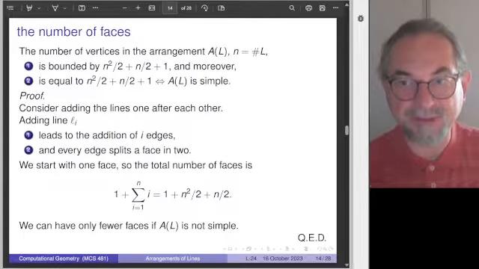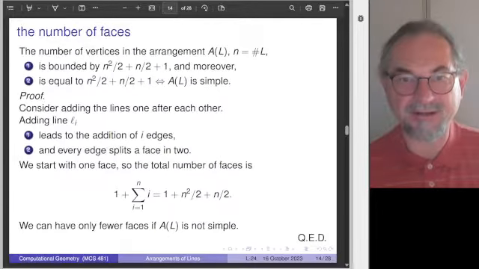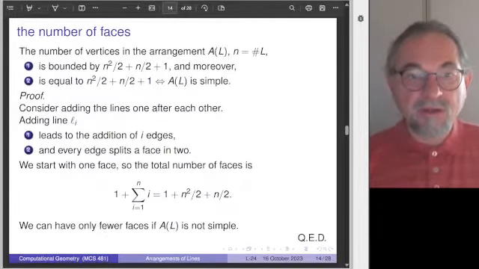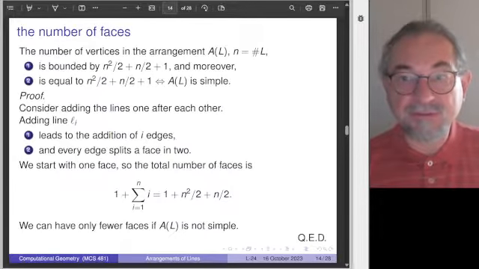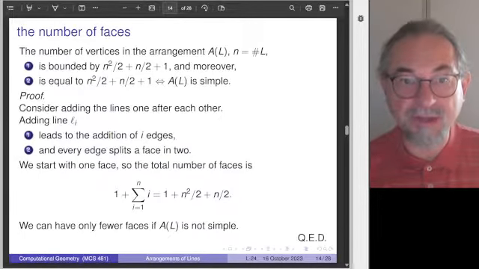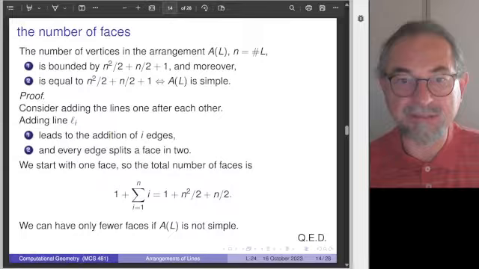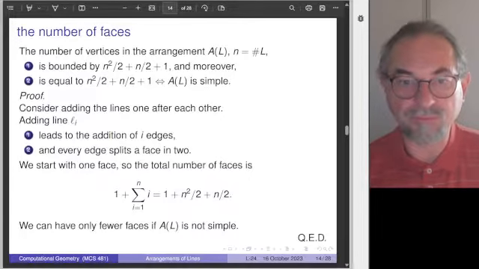So the ith line is partitioned in i edges. Okay, so how do we now get to a face? Every edge will actually split a face in two.